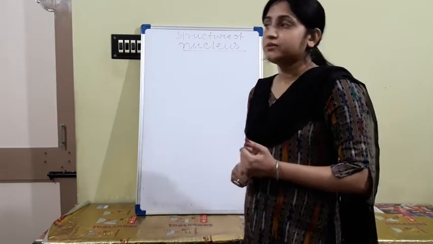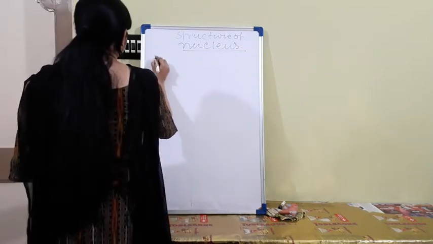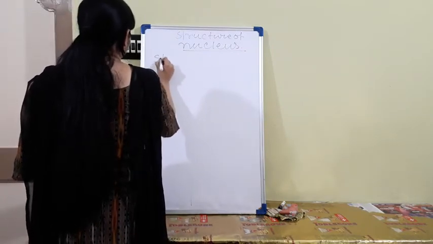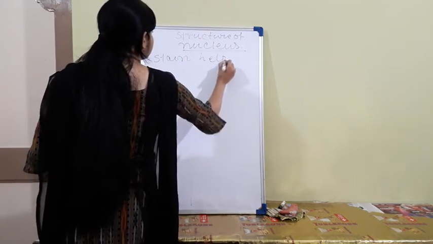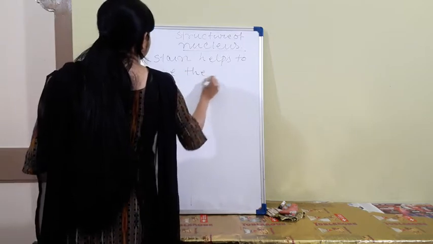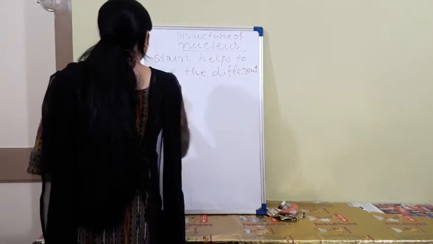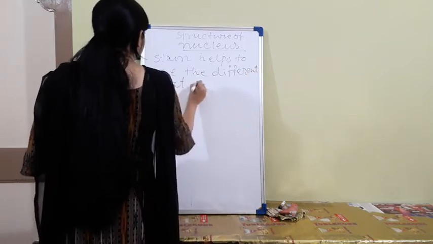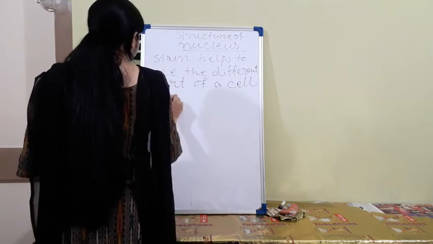First, stain helps to see the different parts of a cell prominently or easily.